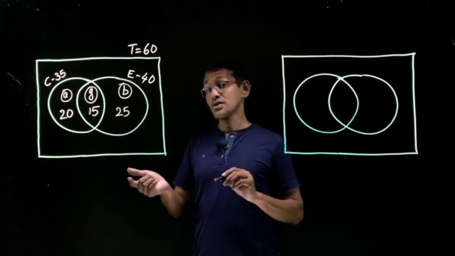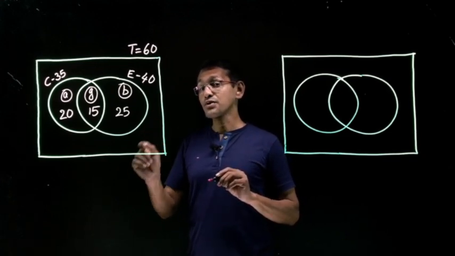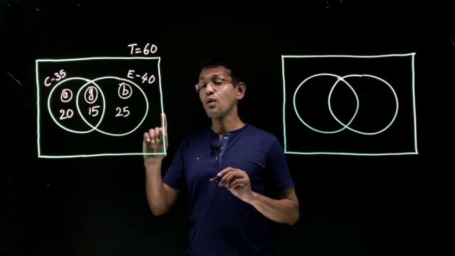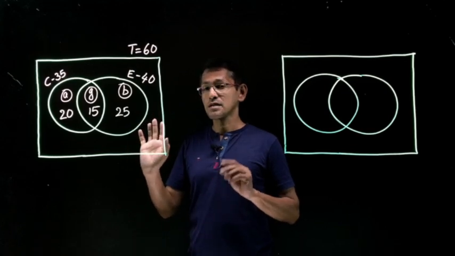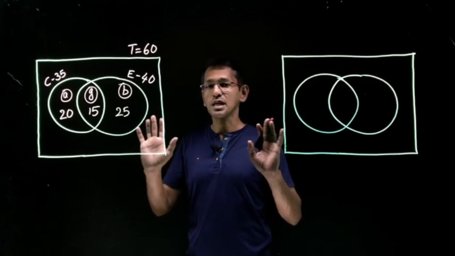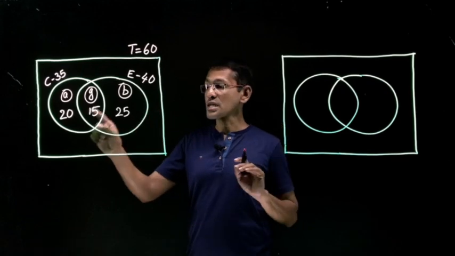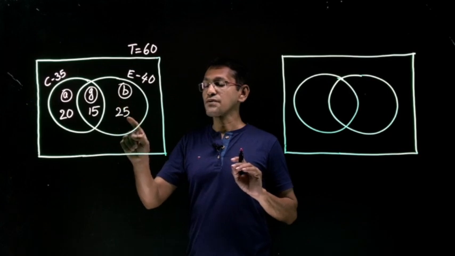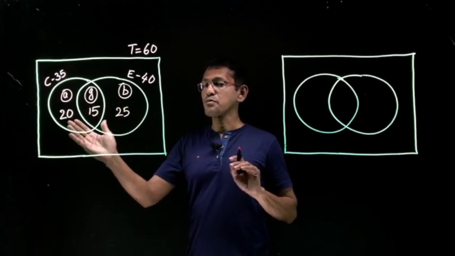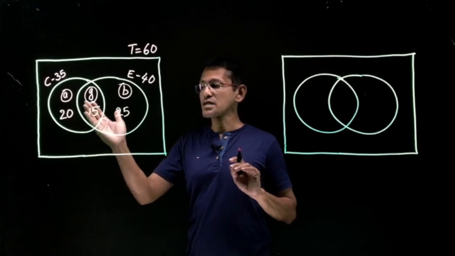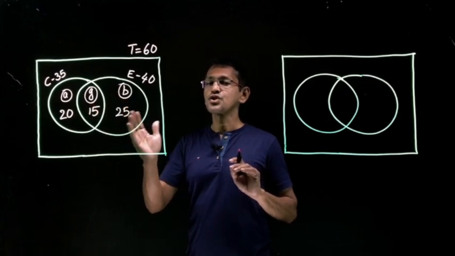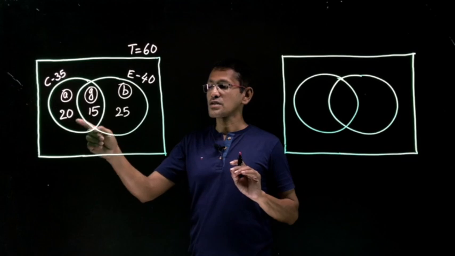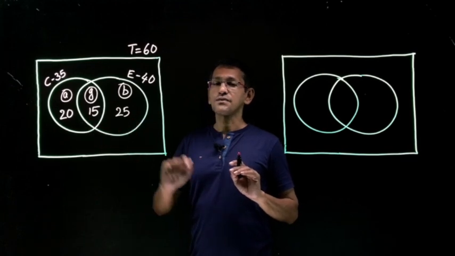If you have a question, how many students passed in only one subject? The subject is not mentioned, only one subject, any subject. In that case, 20 passed in only one subject and this 25 passed in only one subject. So the number of students who passed in only one subject is 20 plus 25, that is together 45.